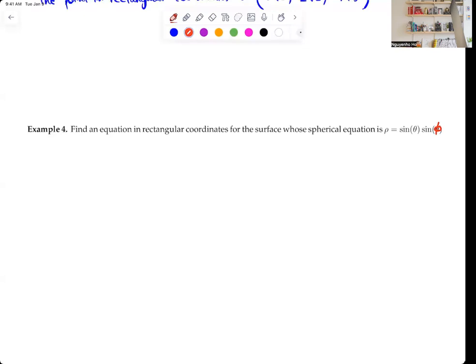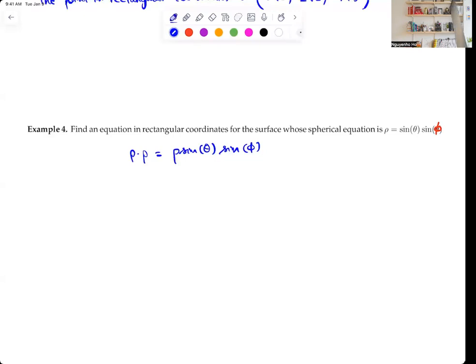The rho, right? So rho is always greater than or equal to 0. So we can multiply both sides by rho. From here you can write rho times rho equal to rho times sin of theta times sin of phi. So the right-hand side is y.